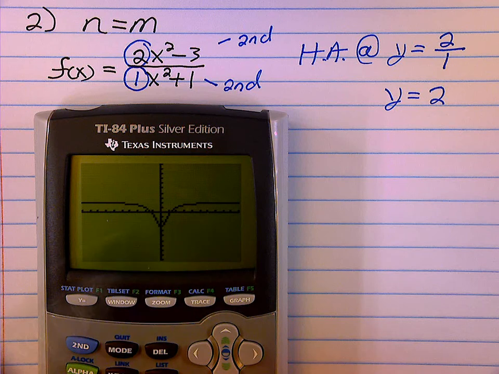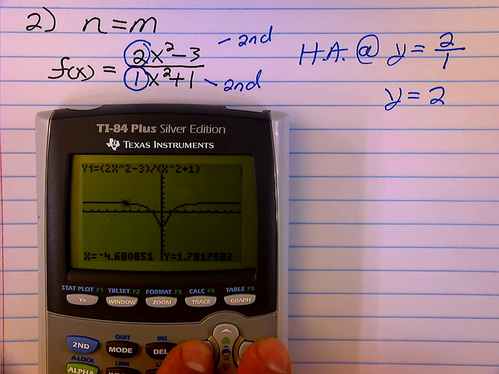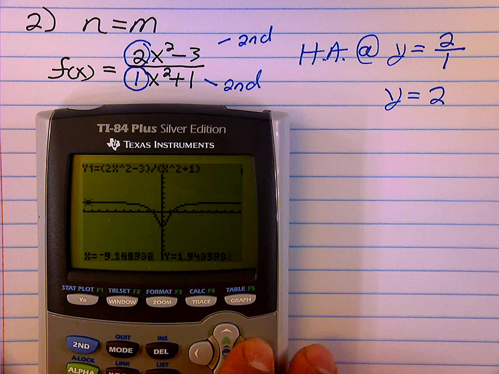Notice, as I go to the left, I'm going to push trace. As I go to the left, my y value is getting larger, larger, larger. 1.7, 1.9, 1.94. It's actually going to get closer and closer to 2.